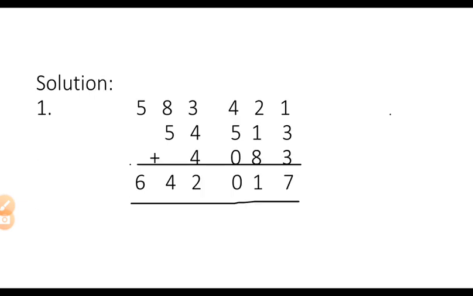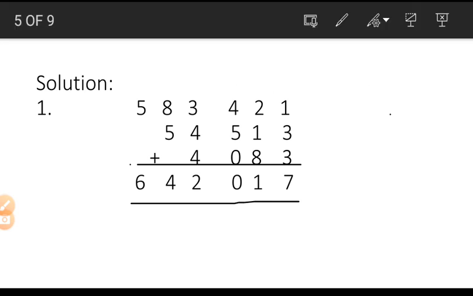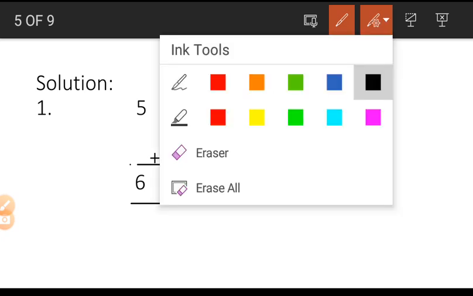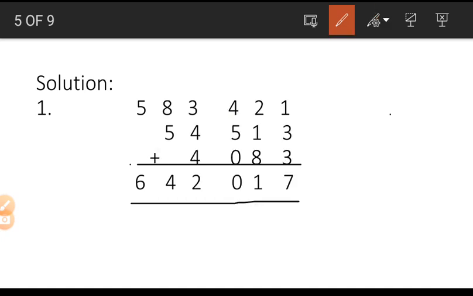Now the first question has a solution like this. What is very important here is the arrangement. As you can see, the 54,000 that comes under the first number starts under the ten thousands digit.